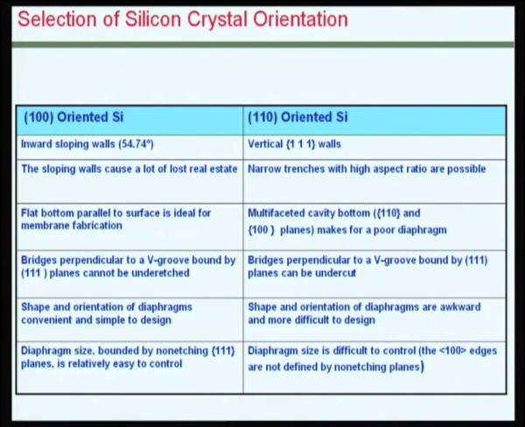You can only make 2 of the side walls vertical, and there will be some facets on the other side walls. Yet when you need a large vertical, a long vertical side wall channel, one can look at using 110 wafers for that purpose.